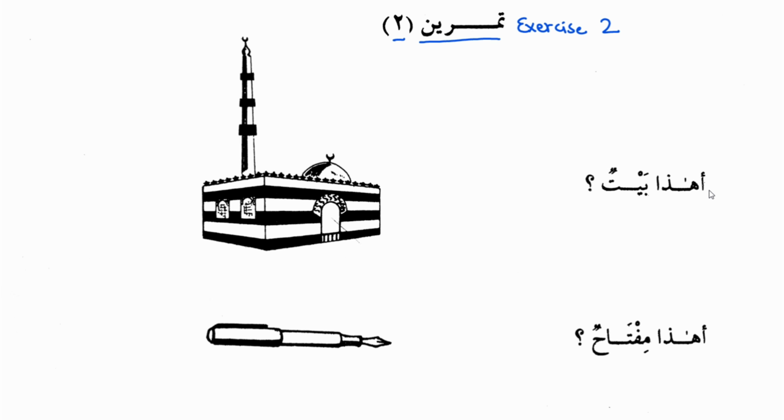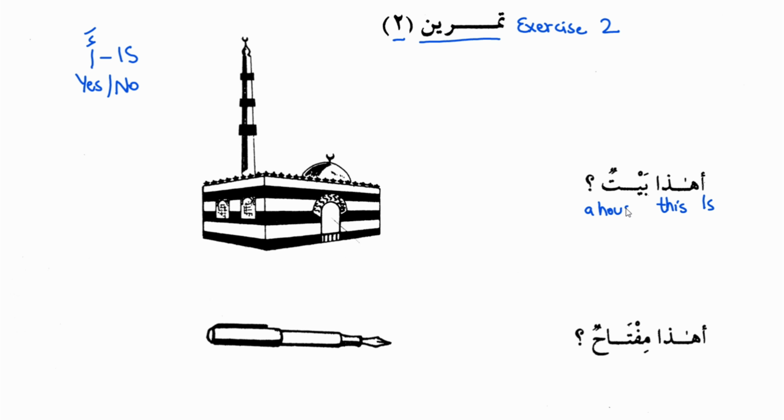Now we know that Hamza with a fatah means is, and this is a type of yes or no question. Okay. Here Haza means this, and Baytun means a house.